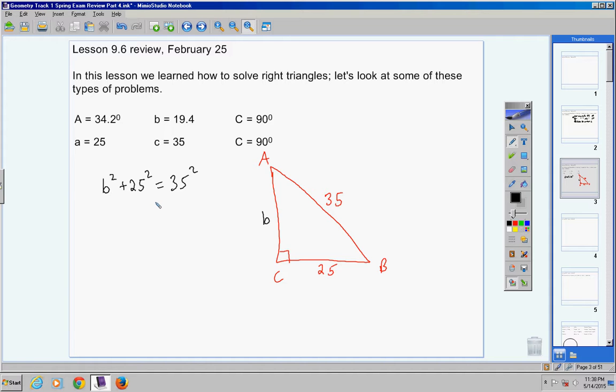Alright, so if I square 25 and I square 35, if I square 35 and square 25 and bring it over and subtract it, I will be left with this right here. Alright, take the square root of both sides, and you'll get 24.49.